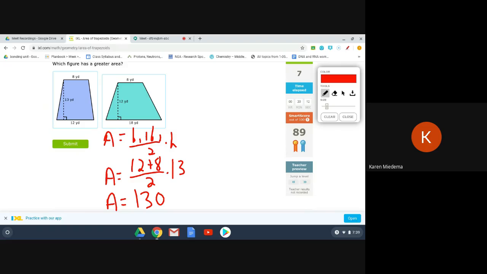For the one on the right-hand side, again, I start with the formula b1 plus b2 over 2 times h. I'm going to go ahead and make my substitution. b1 is 18 plus b2 is 8 over 2 times the height, which is 12.